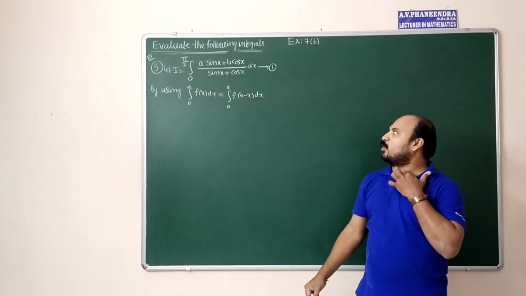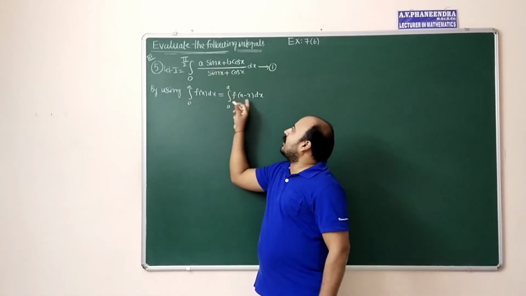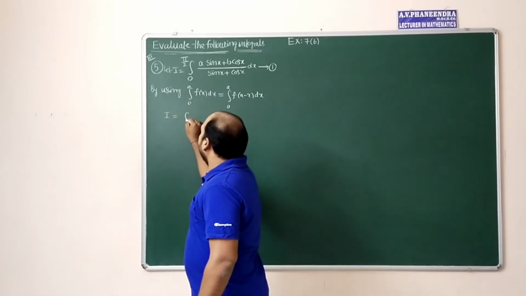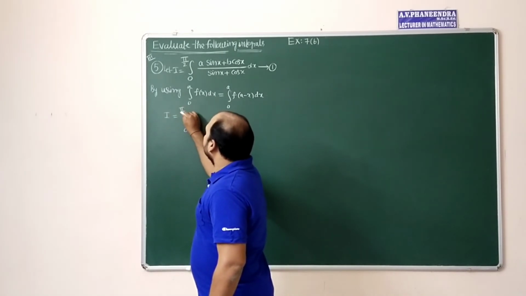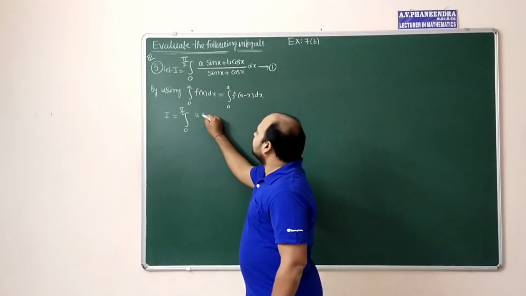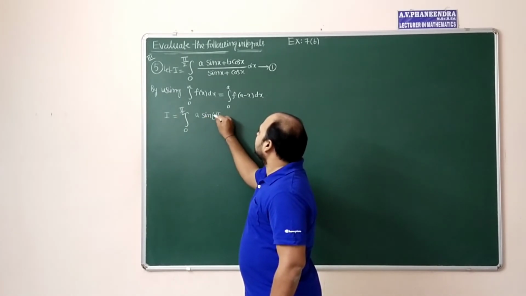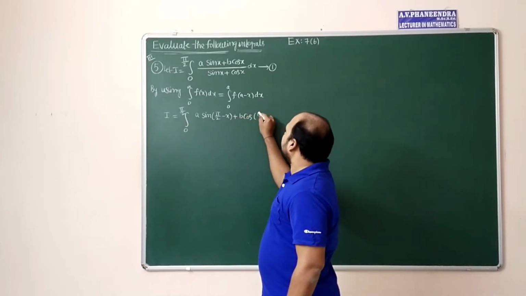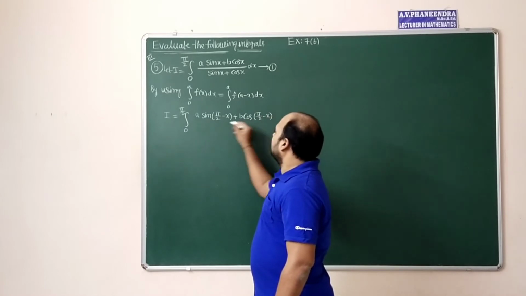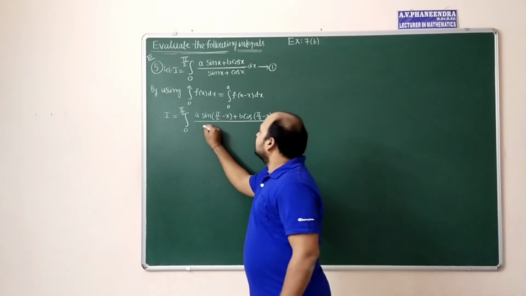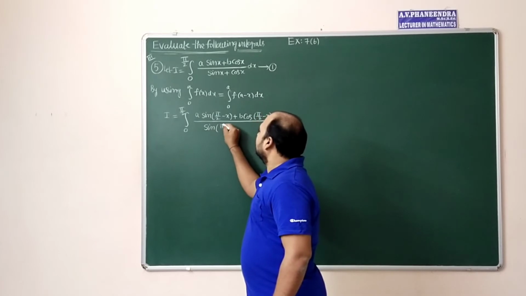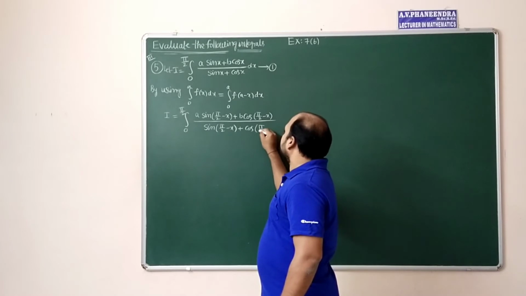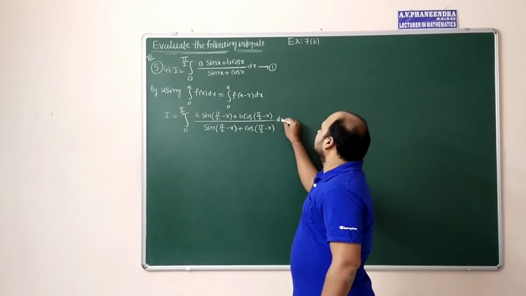So now by using this property, wherever x is there, a minus x, a value is what? Pi by 2. So I equal to integral 0 to pi by 2 a into sin of pi by 2 minus x plus b into cos of pi by 2 minus x divided by sin of pi by 2 minus x plus cos of pi by 2 minus x into dx.